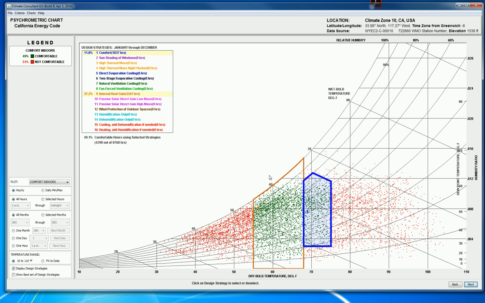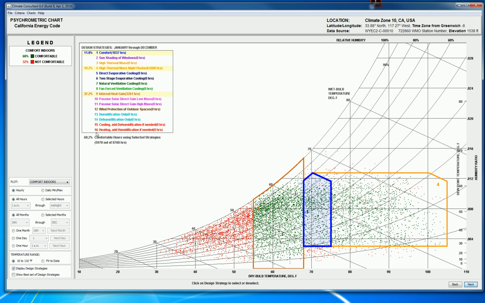So good insulation and well-sealed doors, windows, cracks, etc., plus using high thermal mass and night flushing. Take a look, right? Look at the difference in hours. Now we could take 6,000 out of 8,700 hours that are comfortable using almost no energy, which is why it's referred to as a passive technique. Okay?